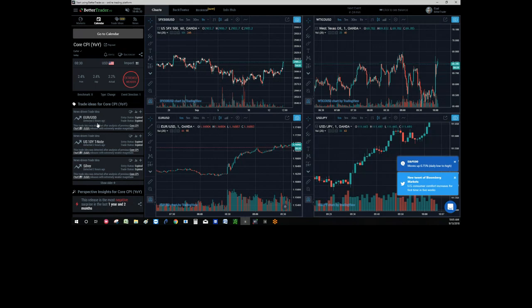And here you see the trade ideas. What are these trade ideas? They are based on similar releases of core CPI that were extremely weaker. We don't have many like this, but in the times that it happened, the best correlation was that the euro dollar went up. And there are more instruments that correlate here.